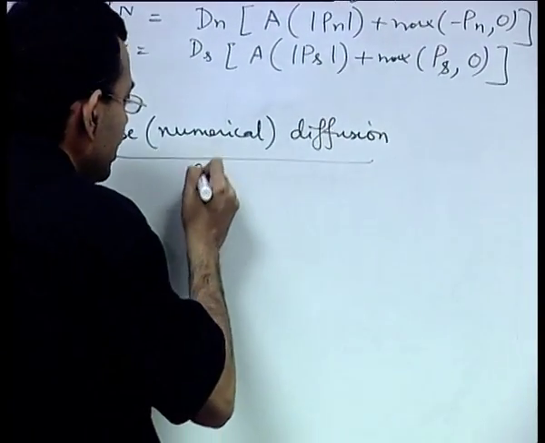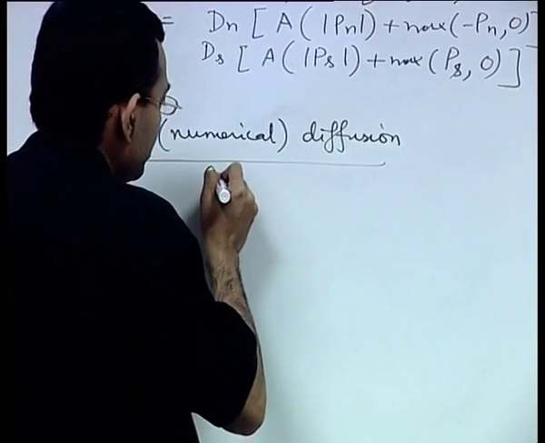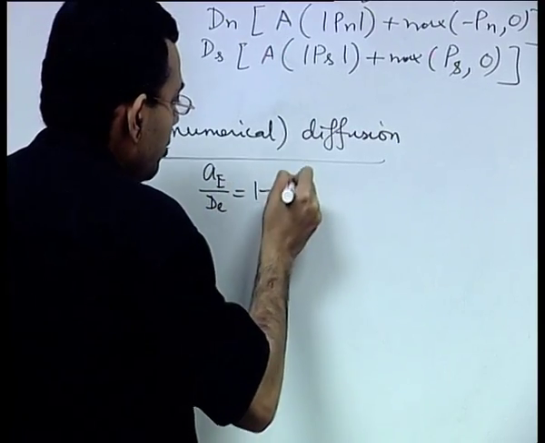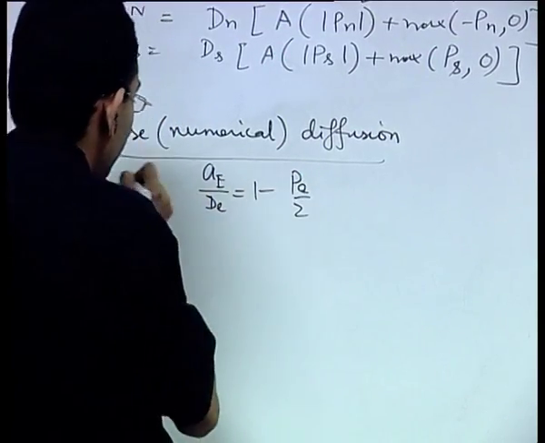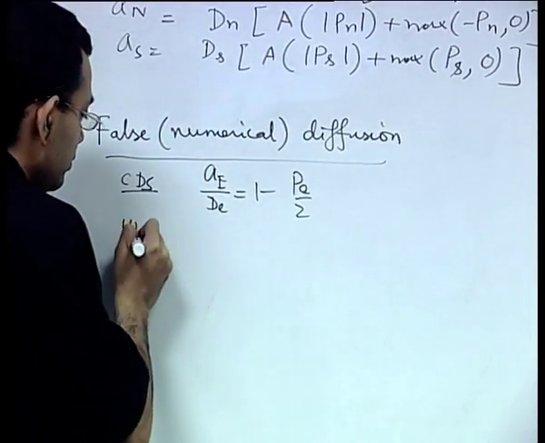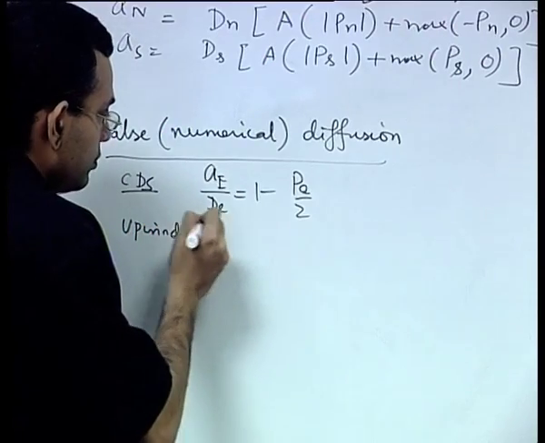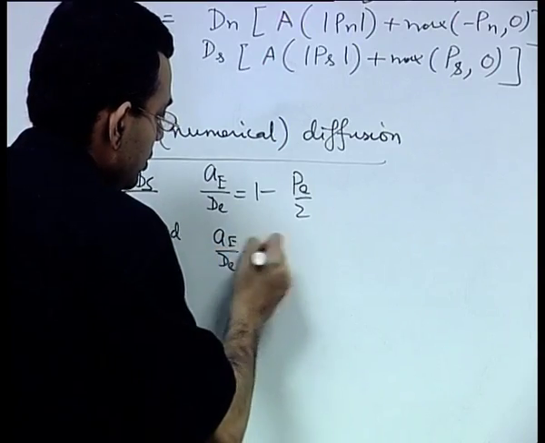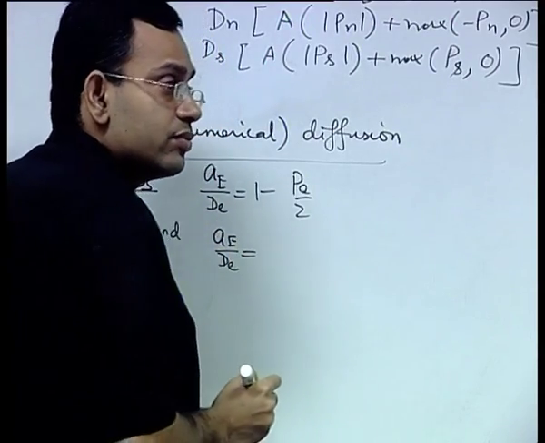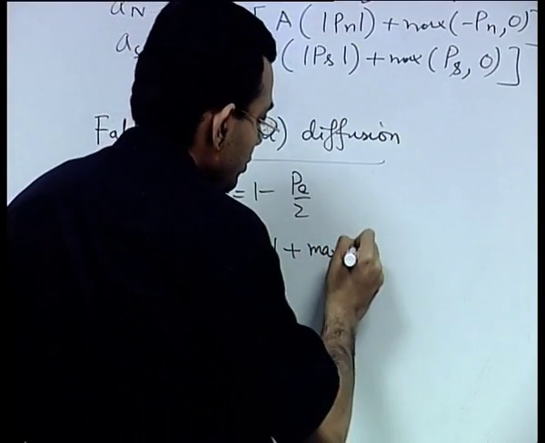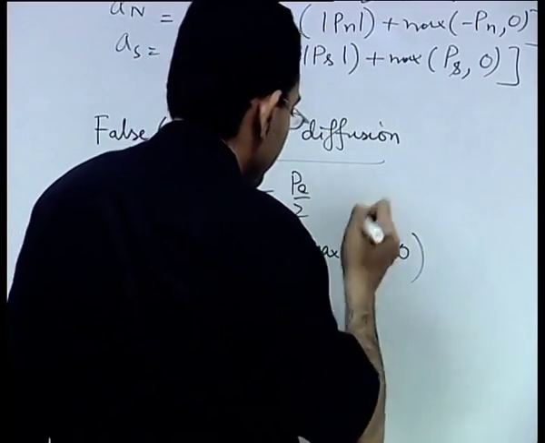Remember that in the central difference scheme, A by D is 1 minus P by 2. In the upwind scheme, A by D is equal to 1 plus max of minus P and 0.